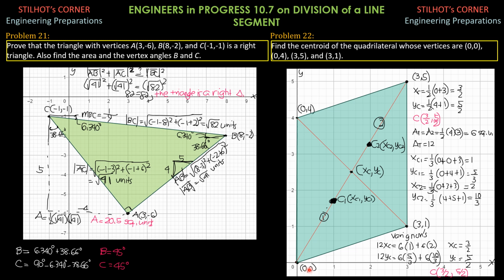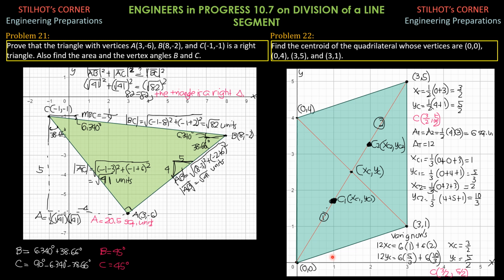In the second part, let's generalize this. What if it is not a parallelogram? So let's locate the individual centroid of the triangle by dividing it into this manner. But before that, since it is a parallelogram, the intersection of the diagonals is also the centroid of the entire parallelogram.